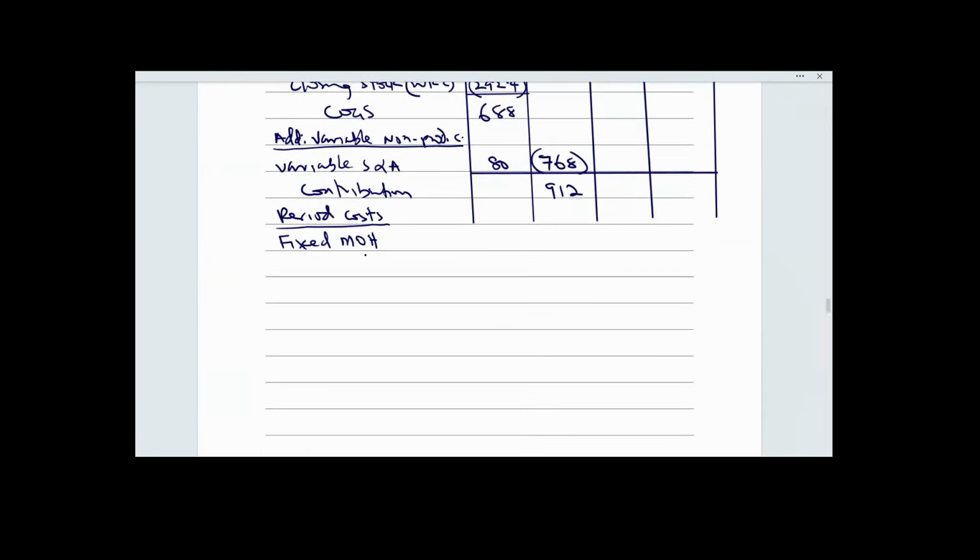So here will be 600,000. This is working number 5, I think. Was it 5 or 4? Then we also have fixed selling and admin expenses. We are told it is 75,000. So add the two together.